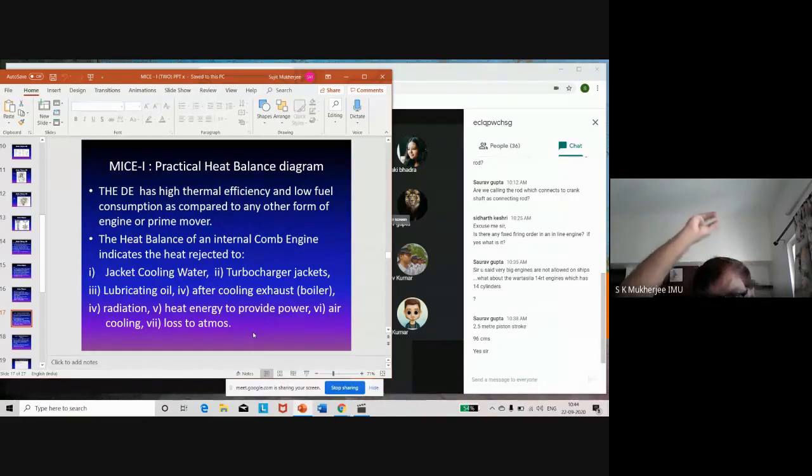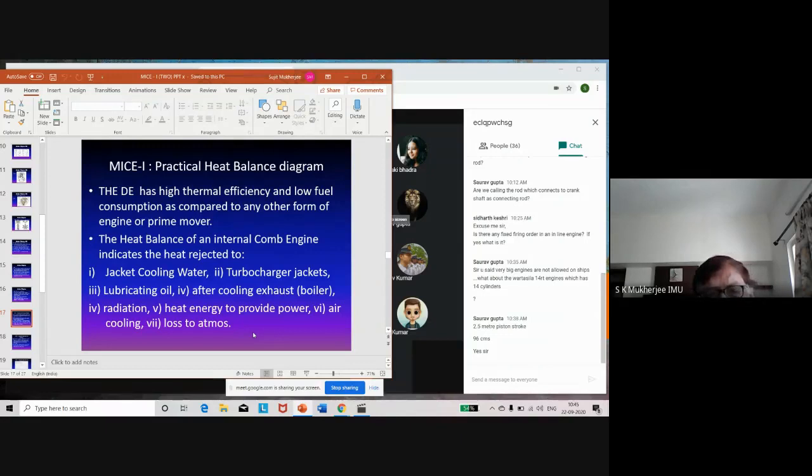After the turbocharger, the exhaust gases go to the boiler, and then the boiler uses some of the heat energy. Another source of utilization is the cooling water, which is used to cool the engine and becomes hot. So the heat in that cooling water is again used in a freshwater generator. So you can generate fresh water from seawater at no cost. You understand? So that is also used on board the ship.